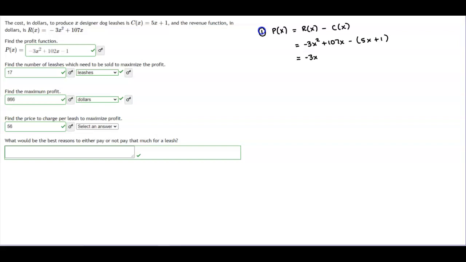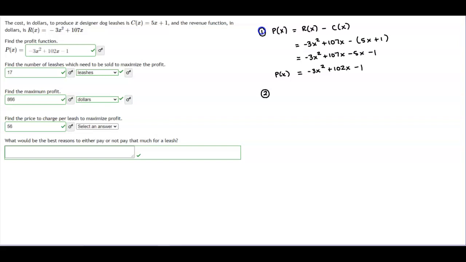So we have negative 3x squared plus 107x minus 5x minus 1. So for the profit function, we end up with negative 3x squared plus 102x minus 1. So now we have the profit function.